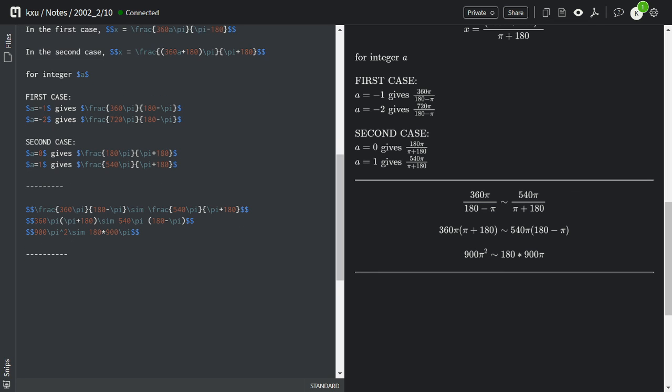Or the a equals 0 case, sorry, I was comparing the wrong values too. It's 720 pi to, okay, that's an even bigger difference. So our solutions are the smallest value in each family.